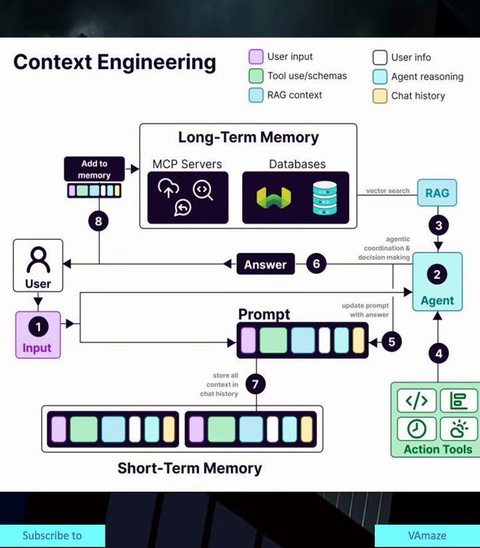This requires sophisticated architectures that can maintain multiple memory layers with different retention policies and access patterns. Tool orchestration frameworks. Context engineering demands tool systems that provide not just functionality, but contextual intelligence about when and how tools should be used. This includes dependency management, error handling, and capability composition.